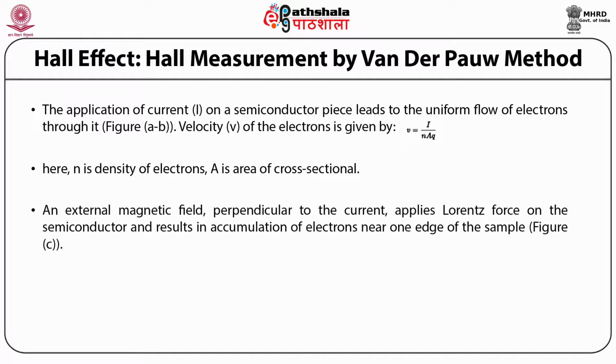An external magnetic field perpendicular to the current applies a Lorentz force to the semiconductor and results in accumulation of charge near one edge of the sample, that is figure C. Lorentz force experienced by the electron is F_L equals IB divided by nA.